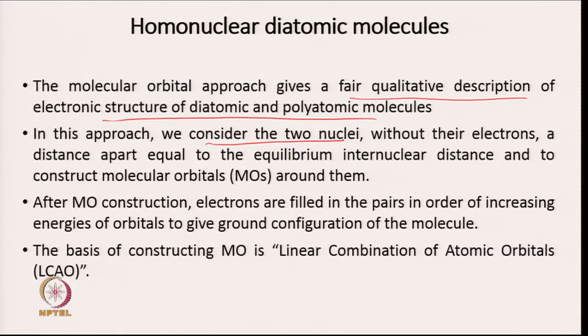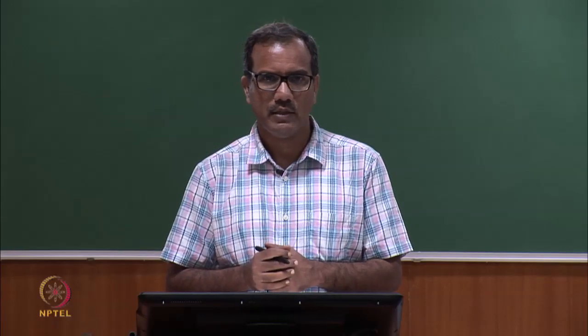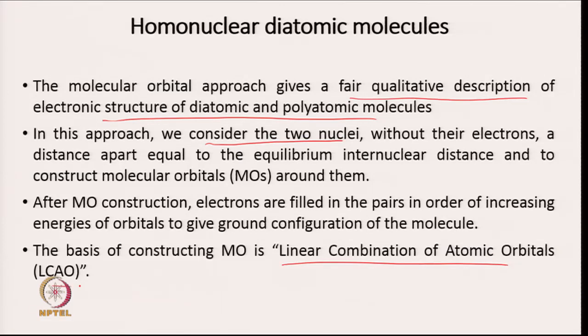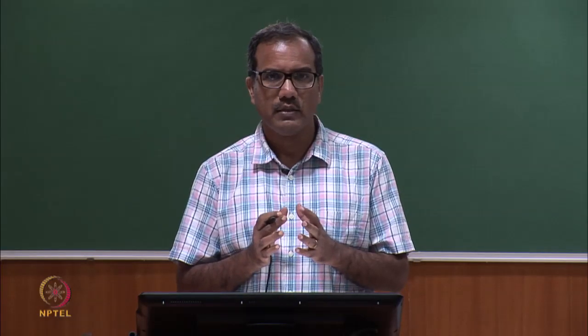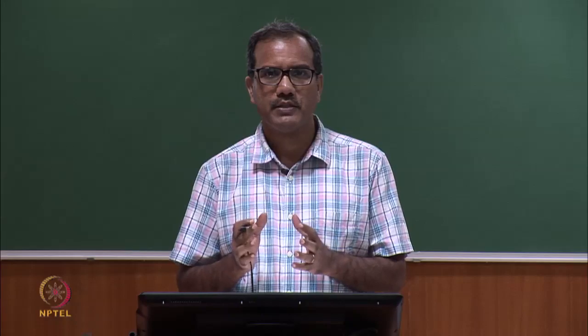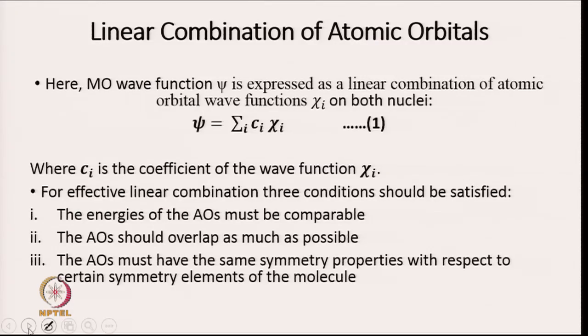The basis of constructing molecular orbitals is known as linear combination of atomic orbitals, LCAO. Here the molecular orbital wave function is expressed as a linear combination of atomic orbital wave functions, chi i, on both nuclei.